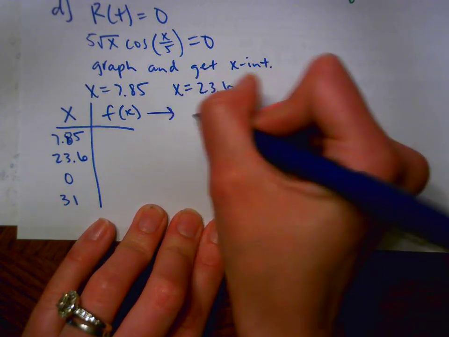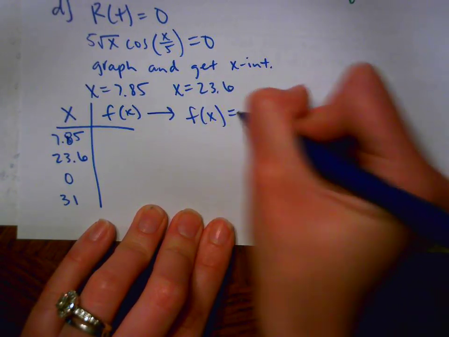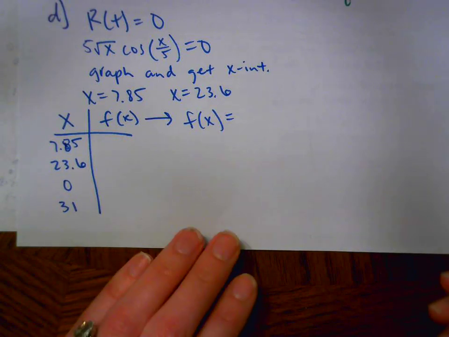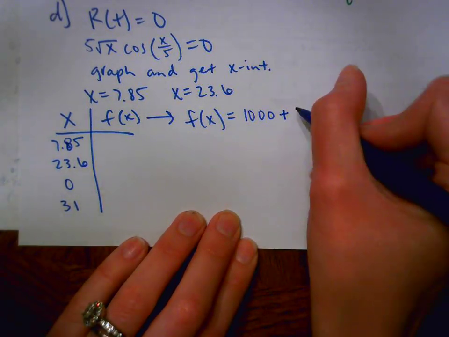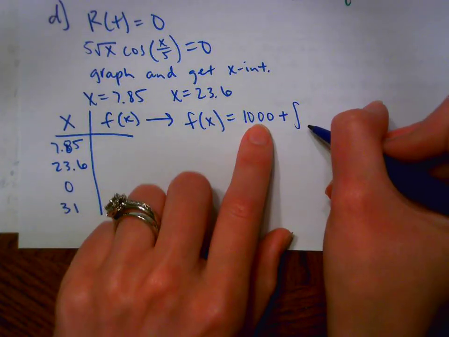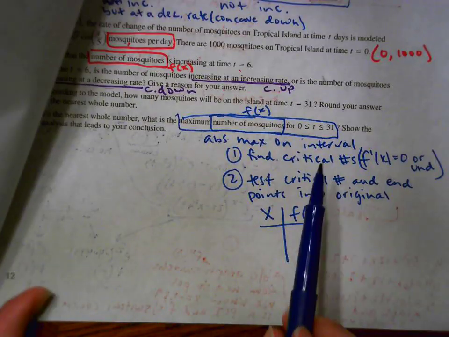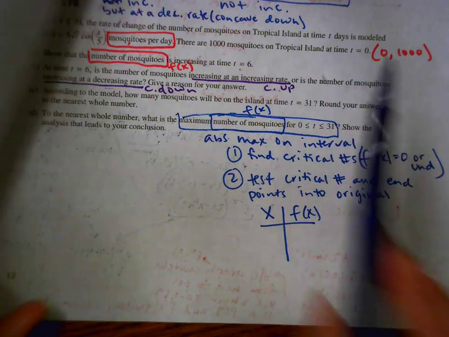In this case, our f of x is going to equal, what is our initial amount? How many mosquitoes? 1,000. And then you add the integral. What is the x value that goes with that? The time was 0.